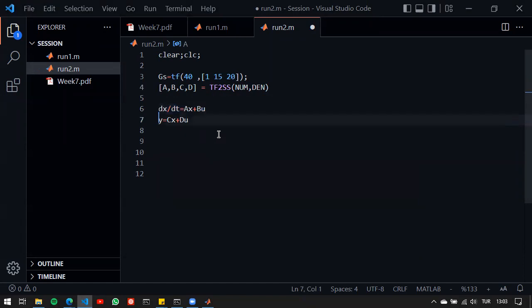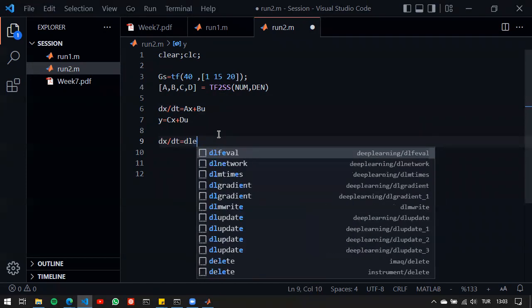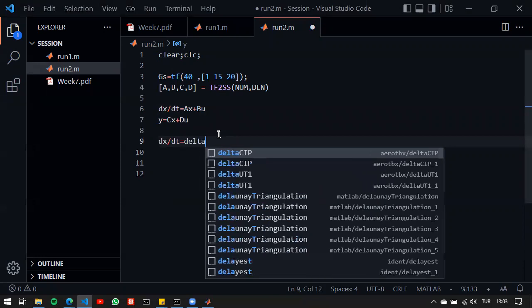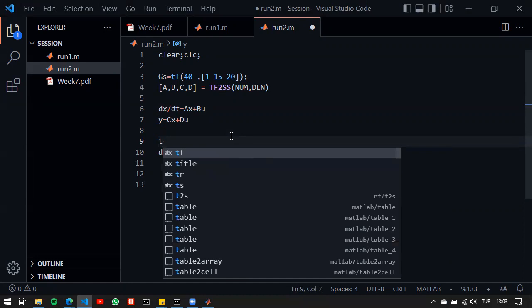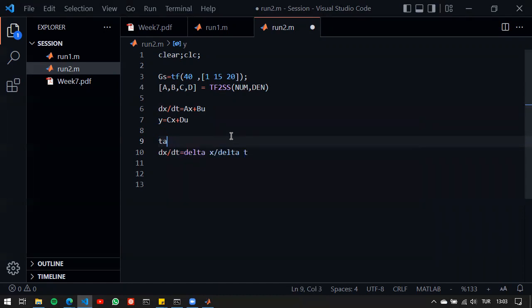Since we are going to solve it numerically, instead of using a continuous time derivative, we will use delta x divided by delta t, the change in x divided by the change in t. Since we will also work in discrete time, we will have a sampling time here. Call it ts, call it tau, whatever we want.